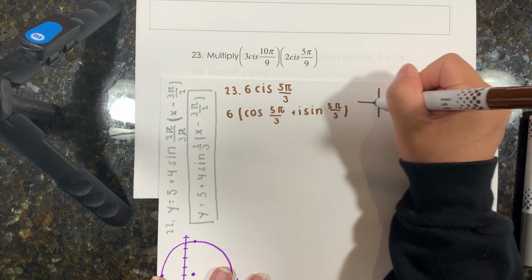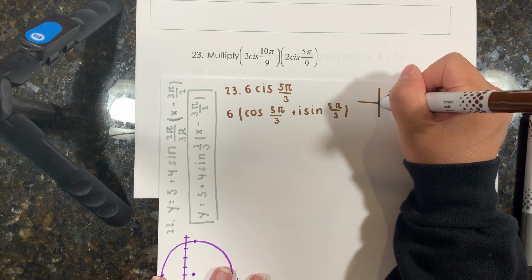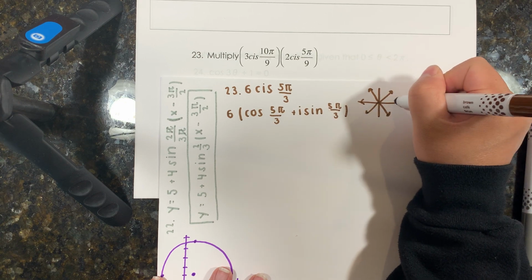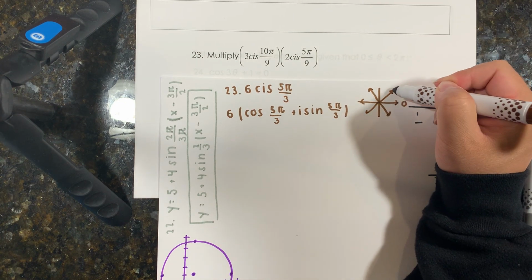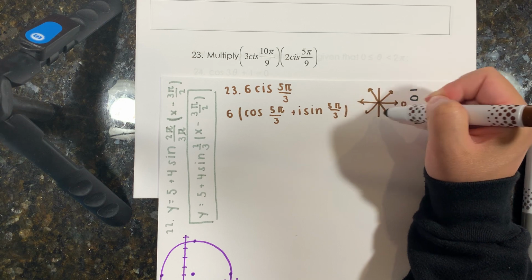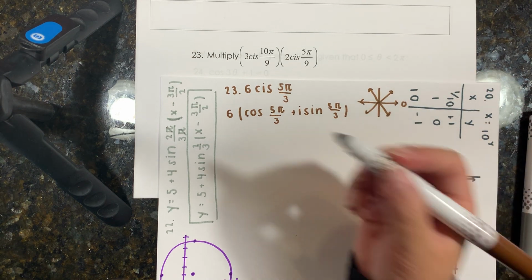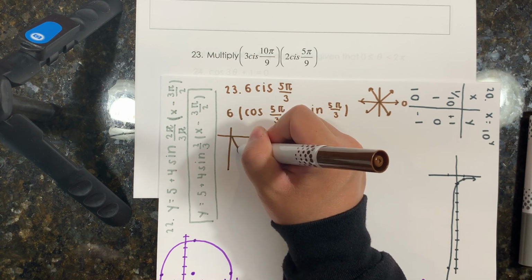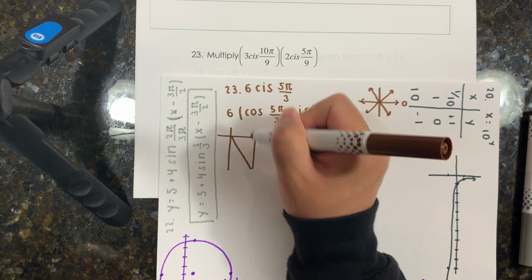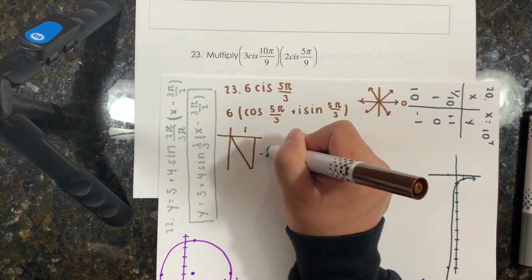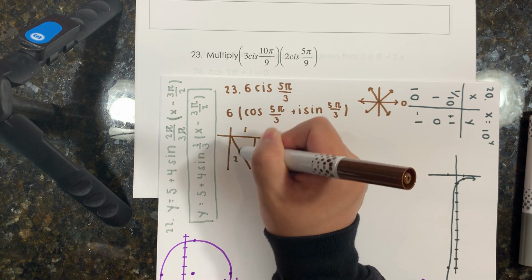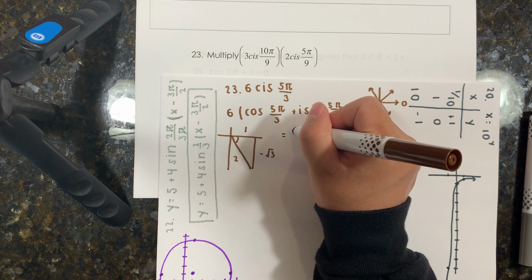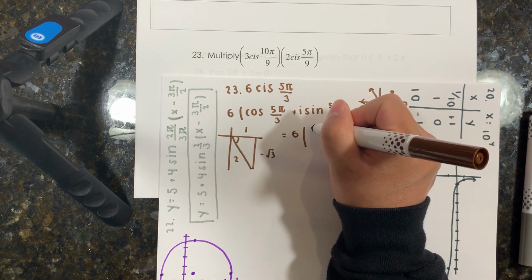My over 3 chart looks like this. 1, 2, 3. Starting at 0, I'm going to count 1, 2, 3, 4, 5. That puts me in quadrant 4. When it's over 3, it's a 60-degree angle. So it'd be 1, negative root 3, 2. Cosine is going to be adjacent over hypotenuse, so that would be 1 over 2.